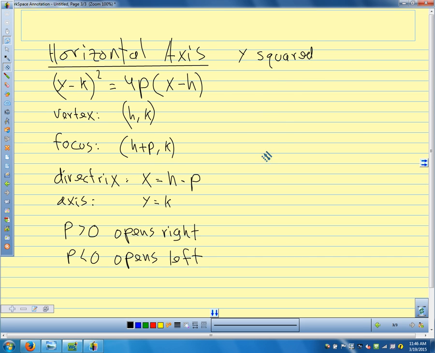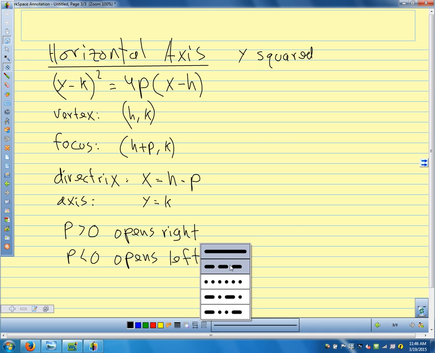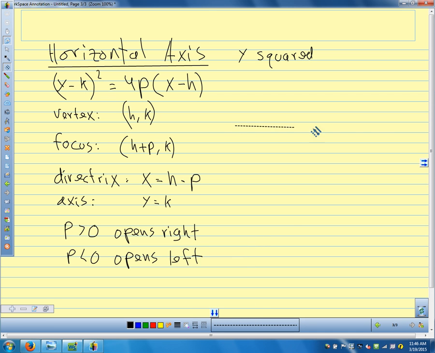So one quick picture here. Our axis this time is going to be horizontal, and we'll just draw one parabola here. So we have a horizontal axis, and if that's our parabola, our vertex is at (h, k).